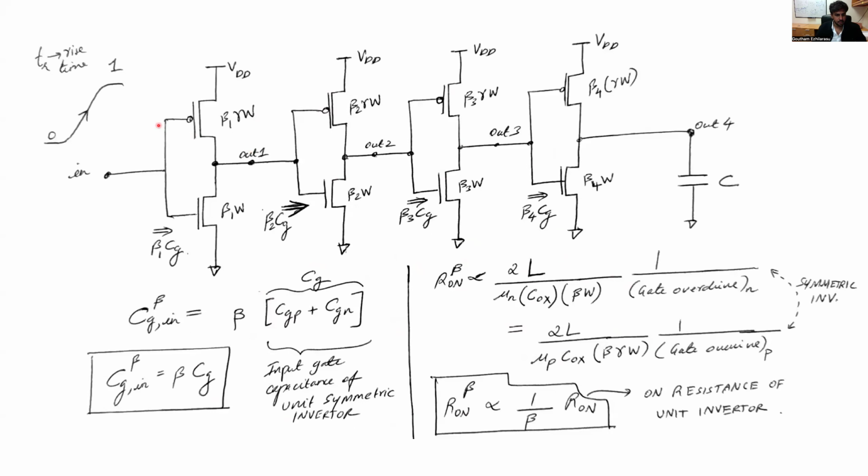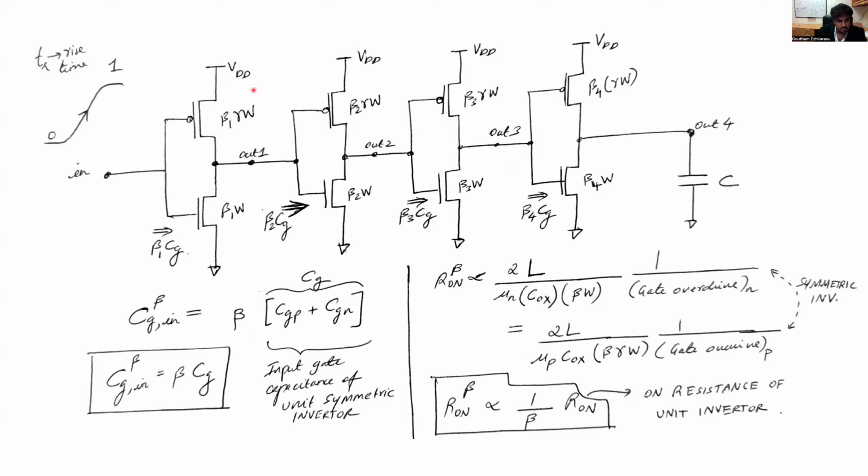Now what you see is that when the input transitions from 0 to 1, in this first inverter, the output is going to transition from 1 to 0, and then out 2 is going to transition from 0 to 1, and so on. But each one of these transitions involves charging and discharging, so in each stage you see the actual load. Imagine you're looking at stage one.